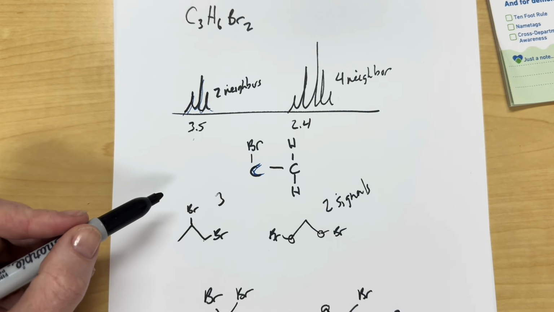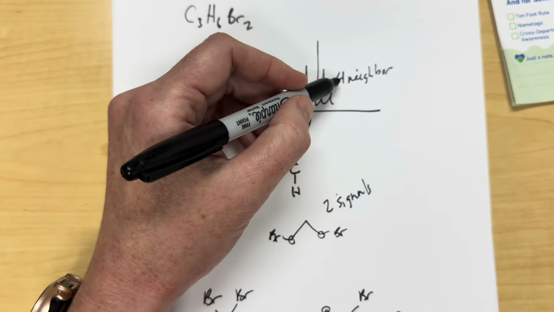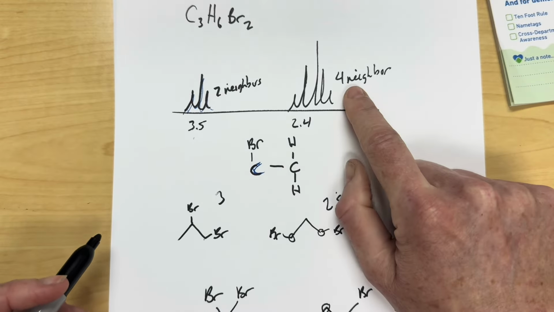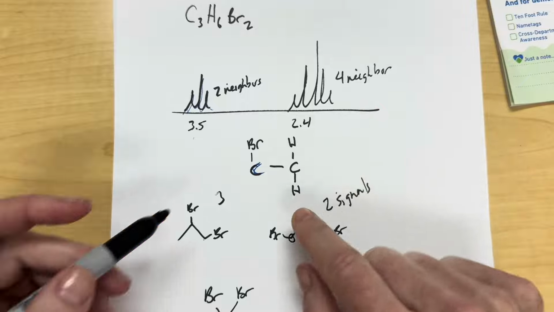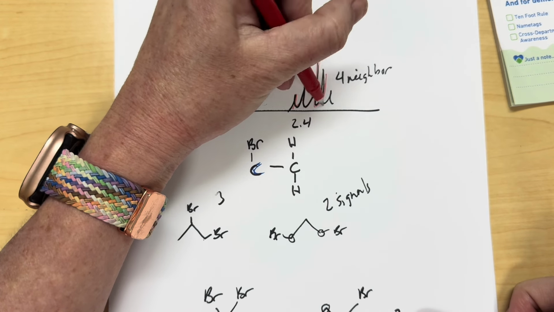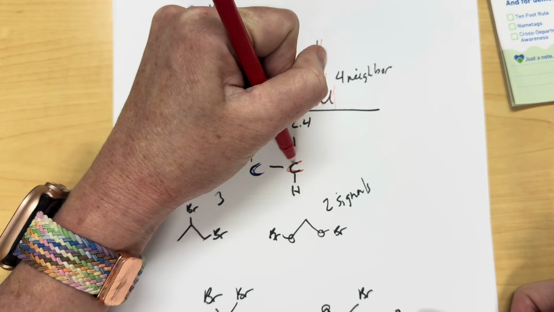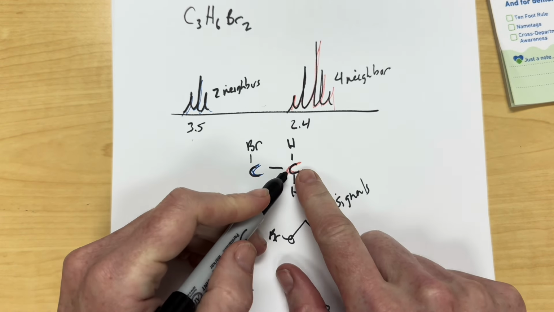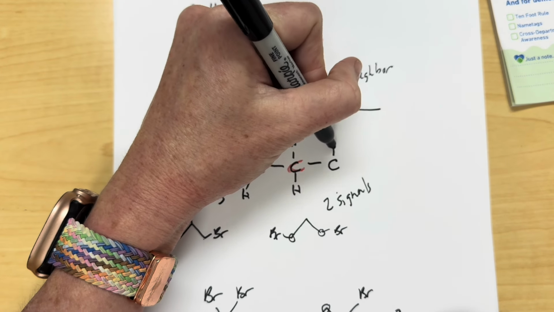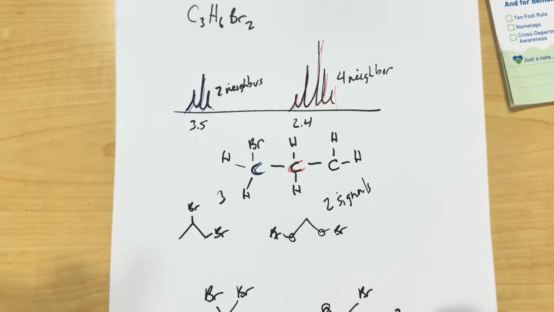And in fact, that's what I think it ends up being, because if this has 4 neighbors on it, then that's a CH2 and a CH2. So let's say now this one, because it's the only other peak, it has to be this carbon we're talking about. And that carbon has a CH2, and the other one has to be a CH2.